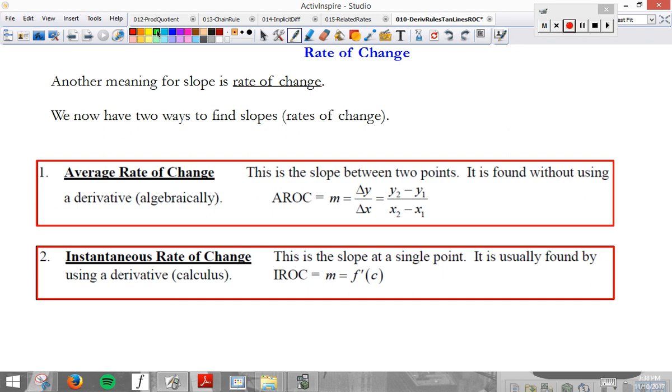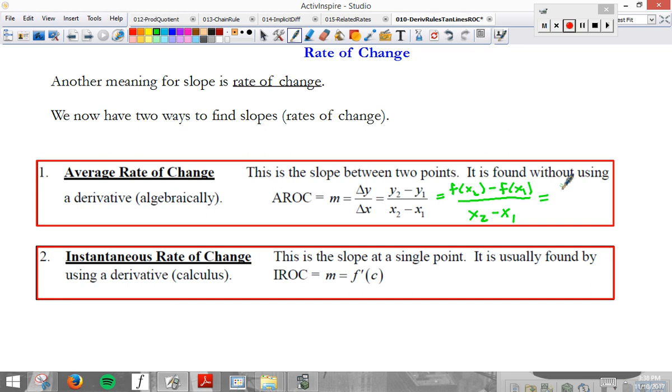We have rate of change classic, average rate of change, the slope between 2 points, the one you've been doing your whole life, is found without using a derivative, algebraically. To these formulas, I'll add the fact that the slope is just f of x2 minus f of x1 all over x2 minus x1, and that in this class, a lot of the time instead of using x2 and x1, we'll be using a and b.